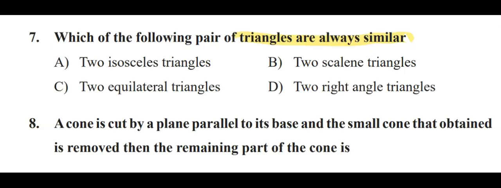See here. If you want to call triangles similar, then it should satisfy 2 conditions. What is that? The corresponding ratios should be in proportion, or the ratios should be equal.